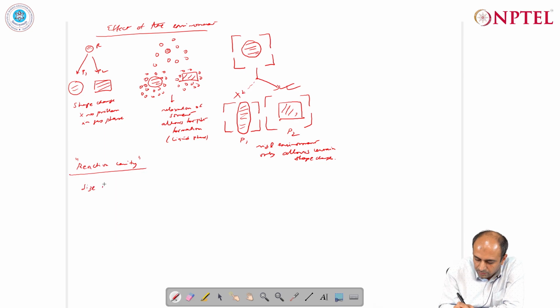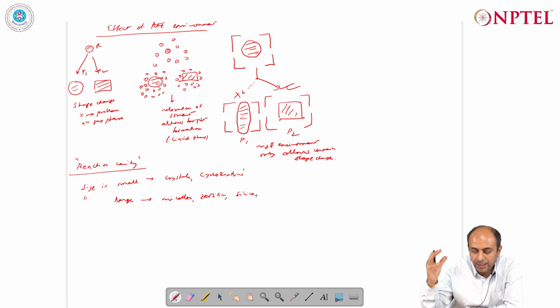This size is small in case of crystals and cyclodextrins, which have got the intrinsic voids, and the size is large if you have got micelles, zeolitic structures, or silica, which are large three-dimensional molecules.